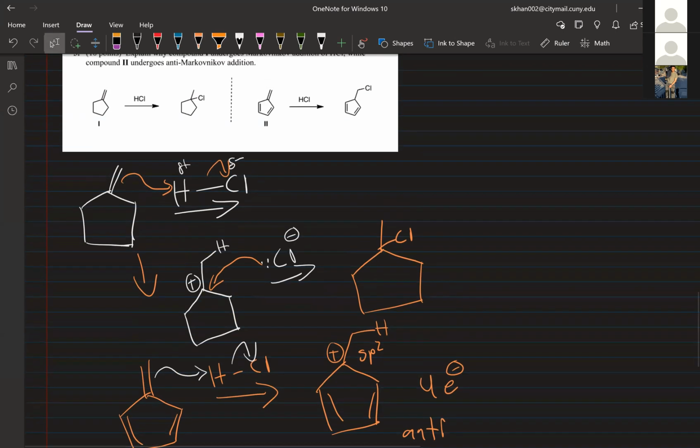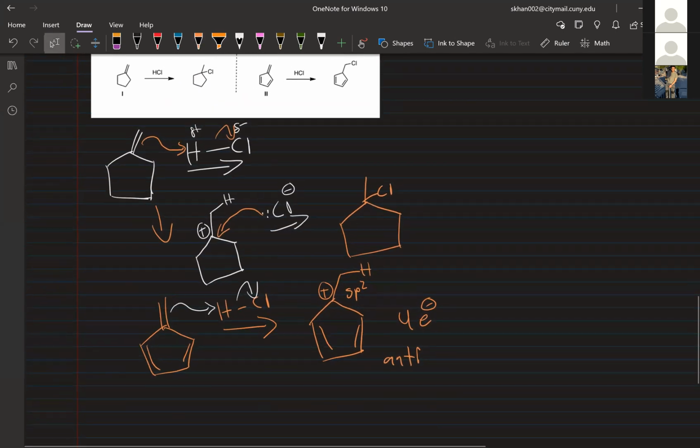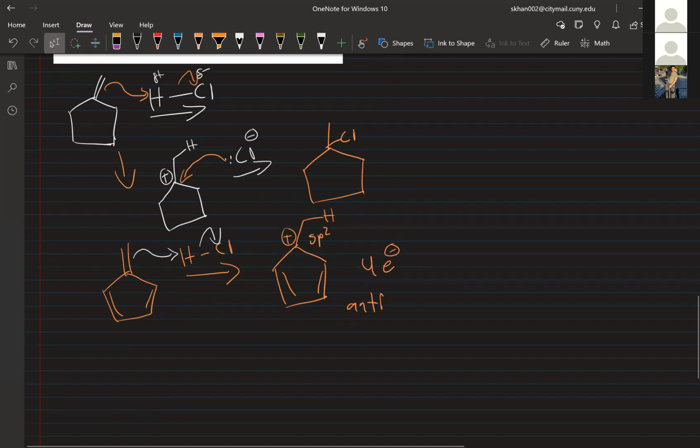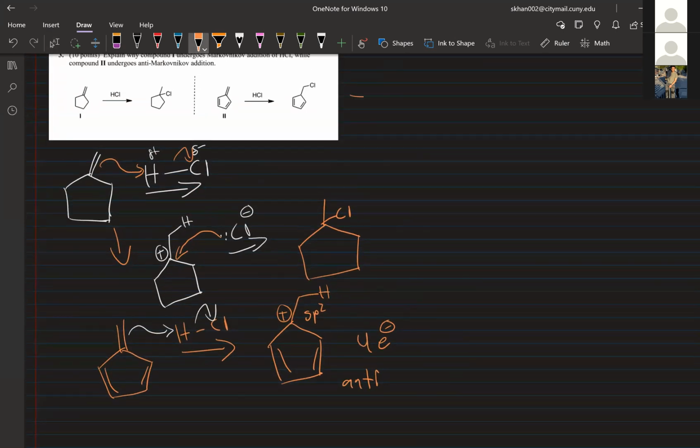But now if you look at what might have happened in the other pathway, this is where you have to work backwards a little. This must have come from something that looked like this. This is kind of retrosynthesis, I guess. This would have to have come from an intermediate that was a primary carbocation, because that's the only way the Cl can attach.